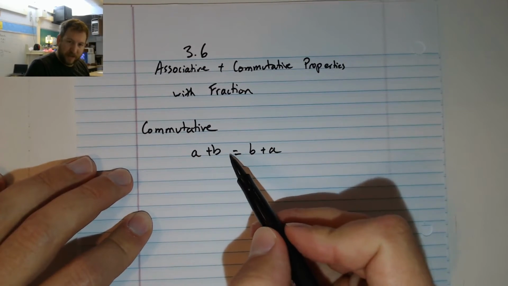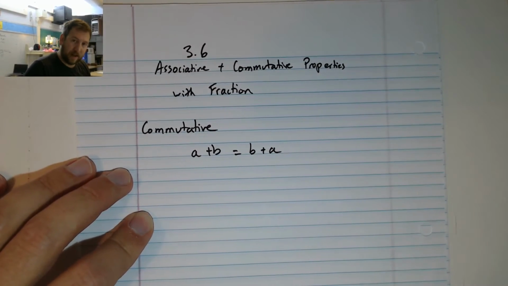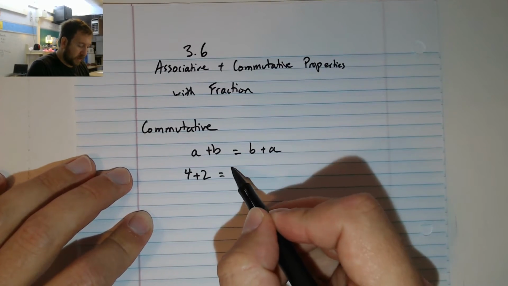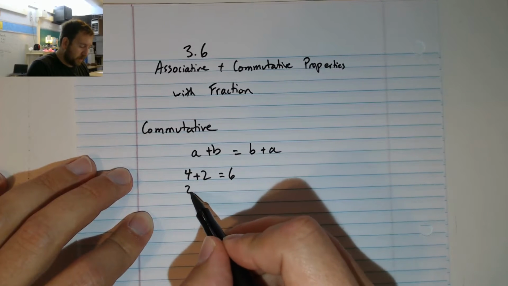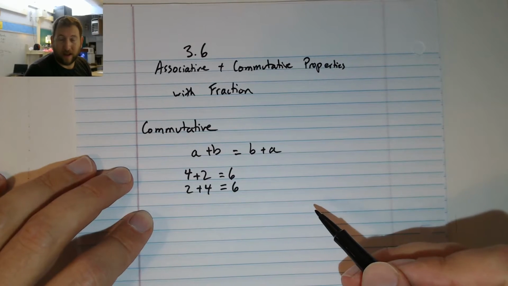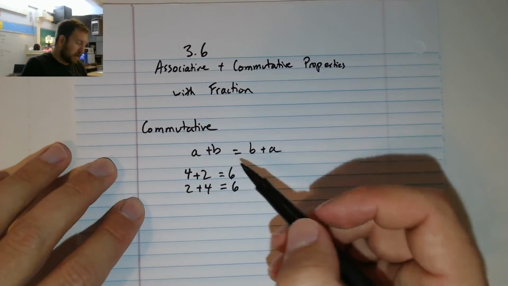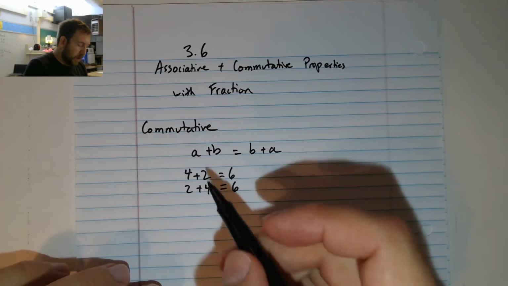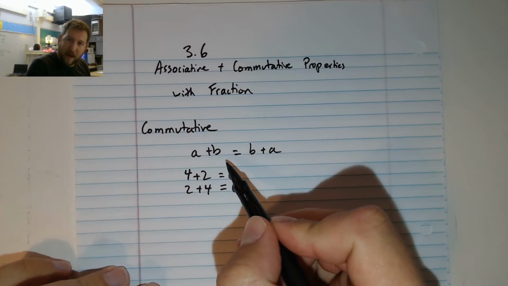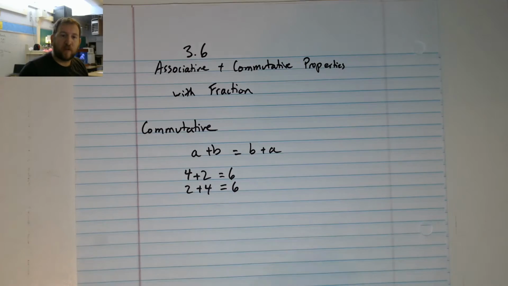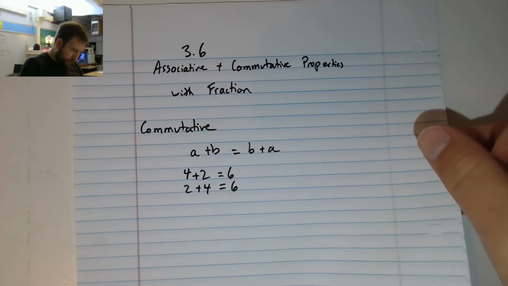So A plus B is the same as B plus A. Taking a quick example, 4 plus 2, which is 6, is the same as 2 plus 4, which is, not surprisingly, I hope, still 6. And this allows us to move any number of things around in our equation as long as we are only adding them. In a group of things being added, we can switch them around in any order that we want.